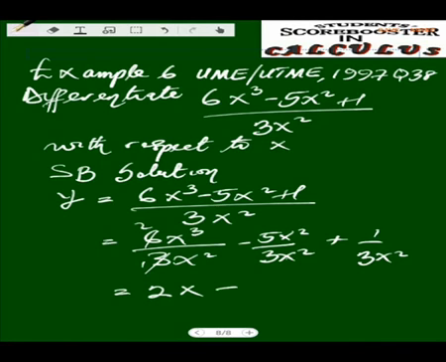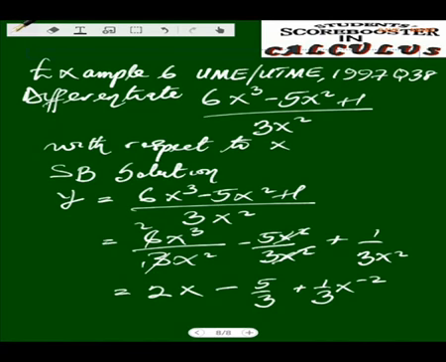We cancel x squared here, so you say 2 minus 2, and you have minus 5 over 3, and this can be rewritten as plus 1 over 3 and x raised to power minus 2. Okay, so these are just our expressions.